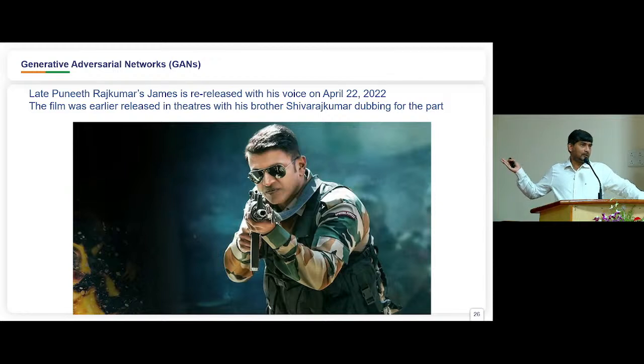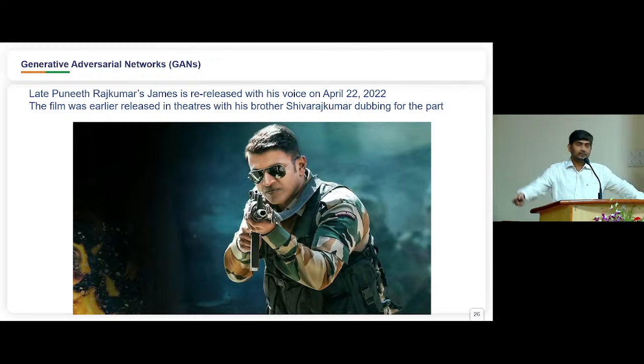This one, in fact, we implemented in a movie. I think you might know about this movie, the James movie. We used StyleGAN technology to convert the voice from Shivarajkumar's voice to Puneeth Rajkumar's voice. We used the same algorithm, so GANs have such a power of translating from one domain to the other.